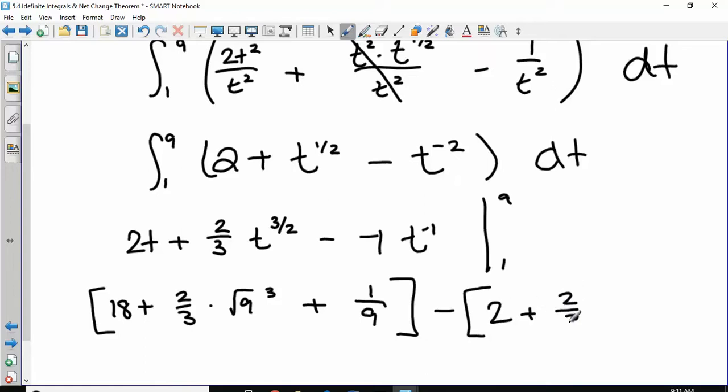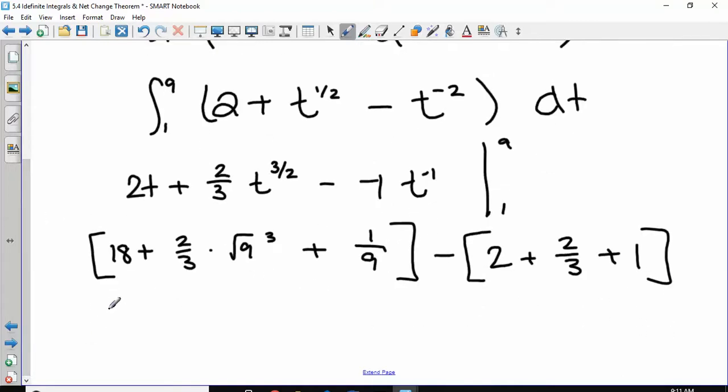Plug in a 1. Square root of 9 is 3. 3 to the 3rd is 27. Times 2/3, so 27 divided by 3 is 9, times 2 is 18.